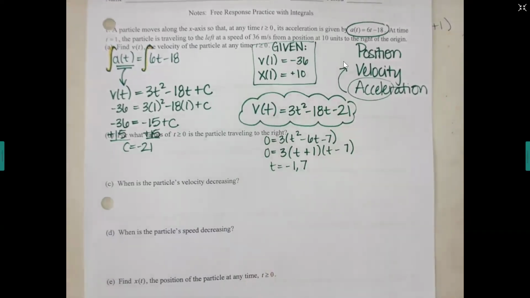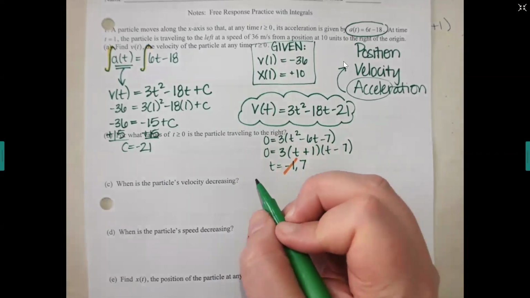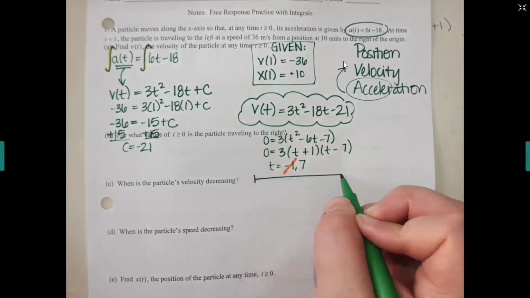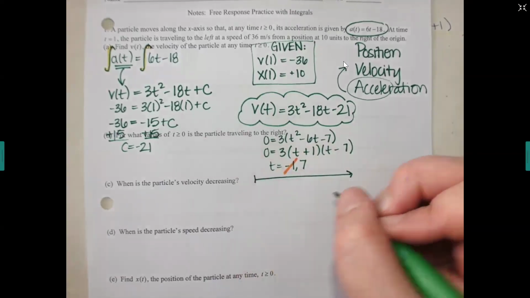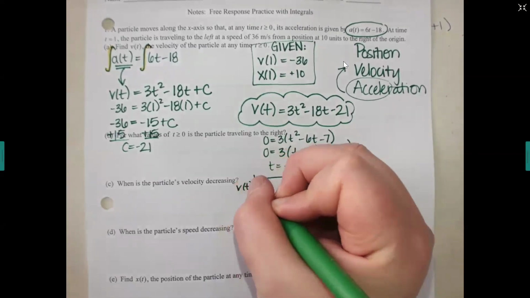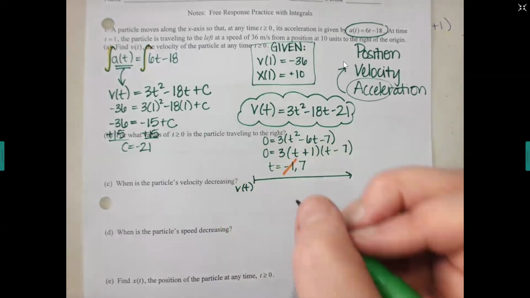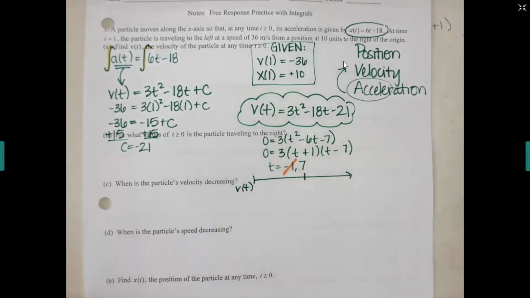Which of those would I eliminate because it doesn't make sense? No more negative 1, very good. Okay, from there, set up your number line. Remember, number line starts at 0, and we're going to label this velocity. 7 is my critical number.